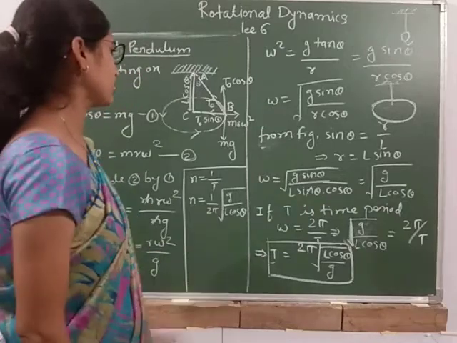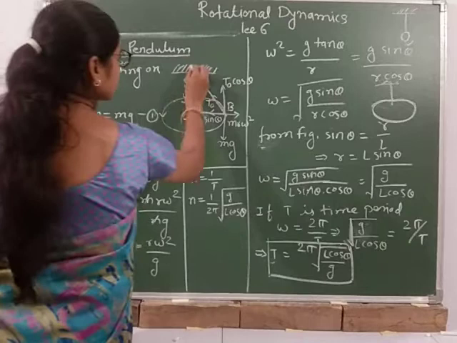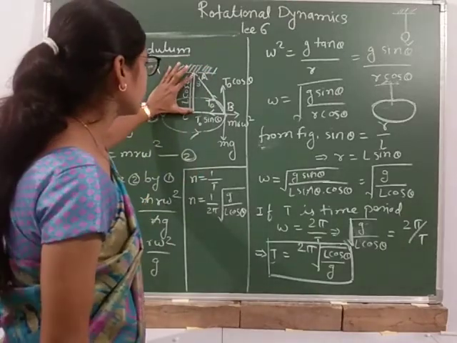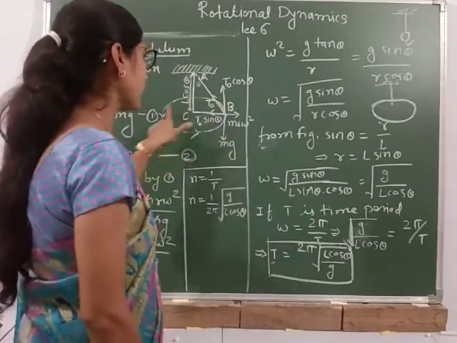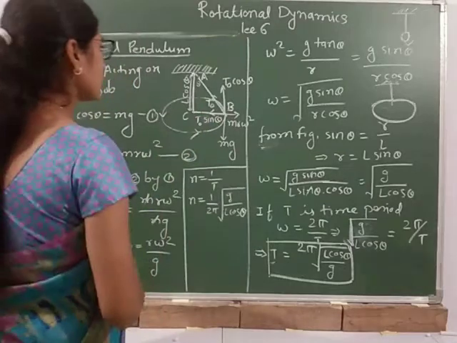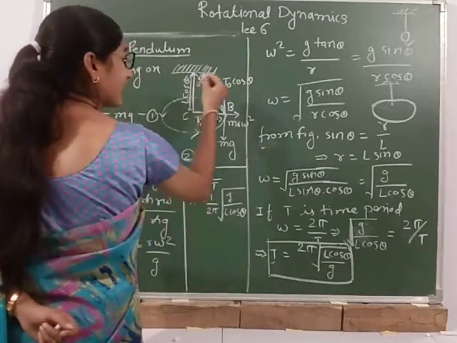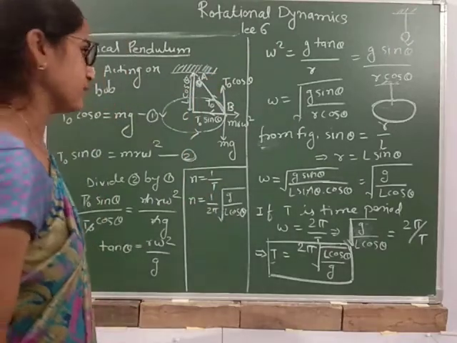Before finding the time period, here we have taken a diagram. This is the rigid support, this is the inextensible string, and a bob is attached to this string, and that bob is performing a horizontal circular motion. This string makes a cone, and the semi-vertical angle of that cone is denoted by theta.